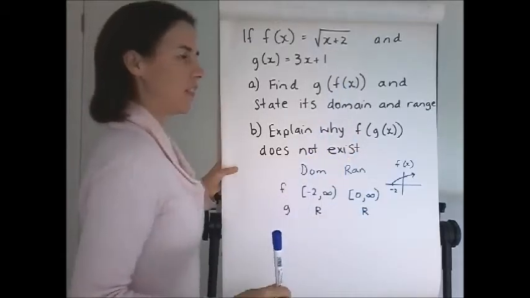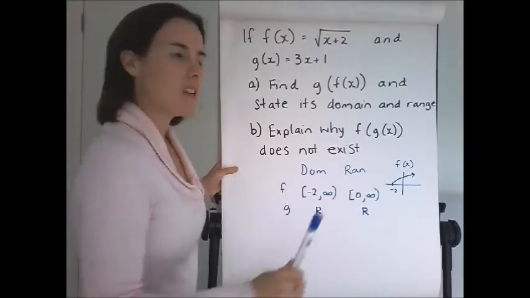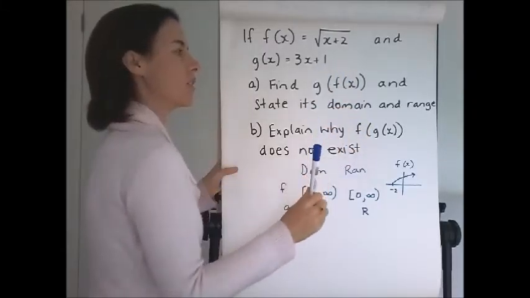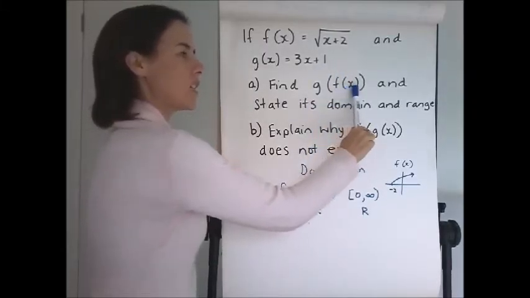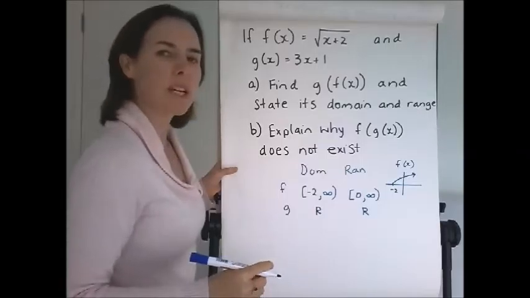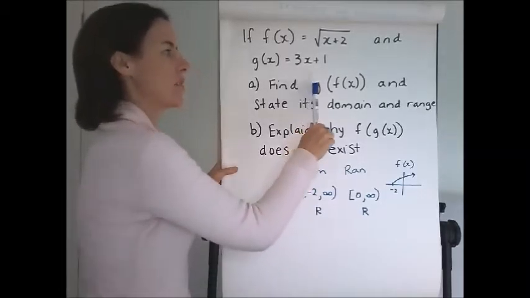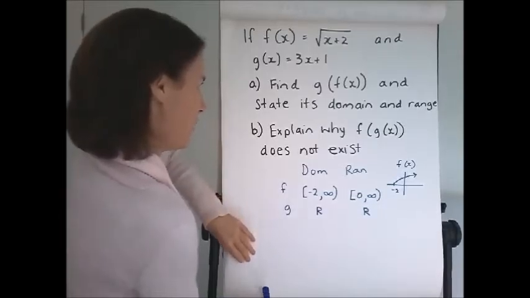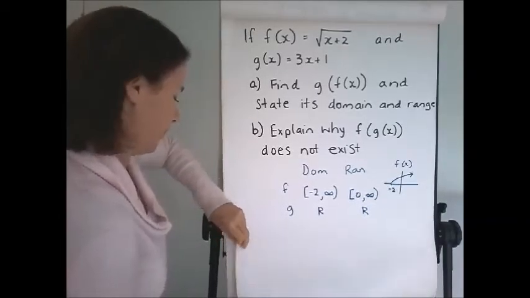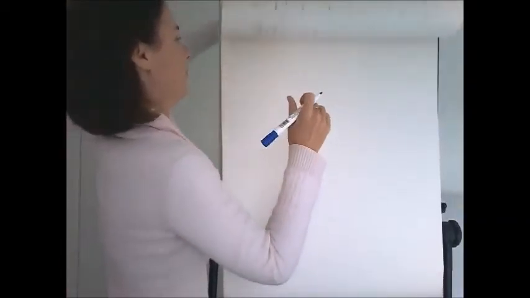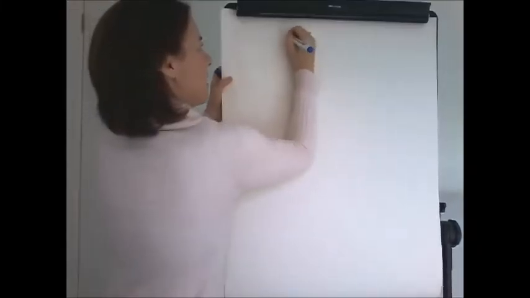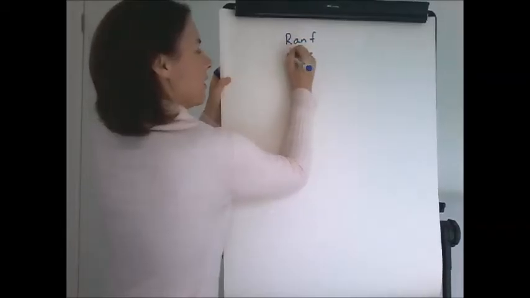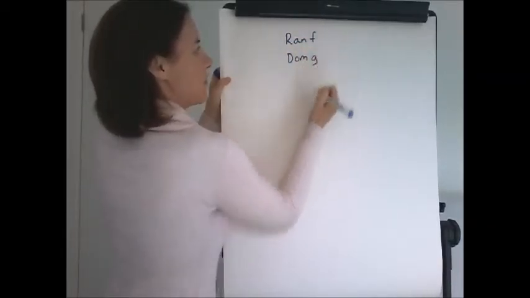For g of f of x to exist, the f function is being subbed into g. So the range of f has to be a subset of the domain of g. The range of f must be a subset of the domain of g.